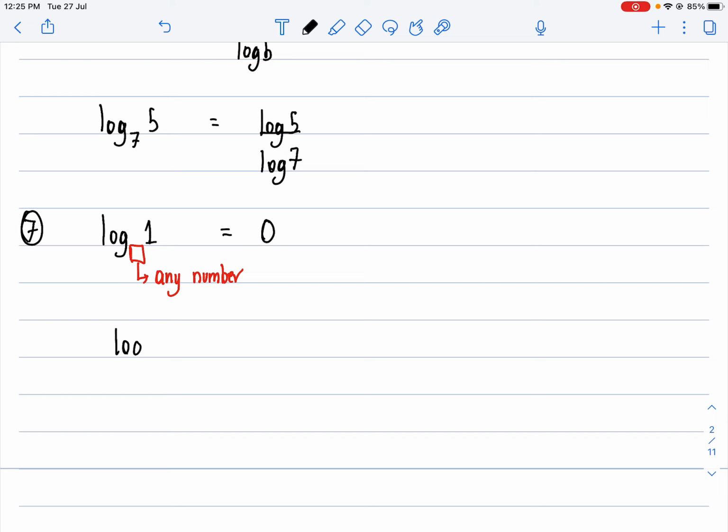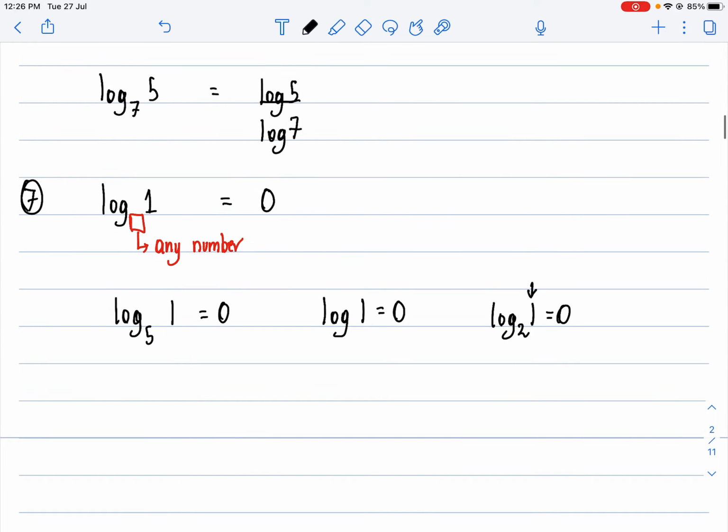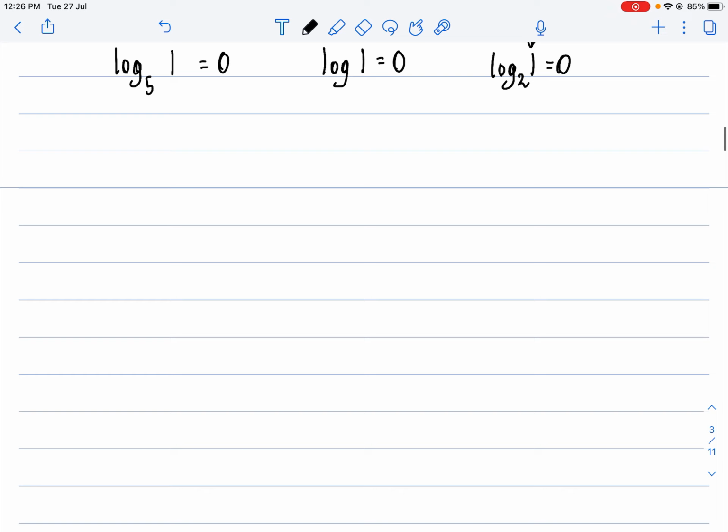Basically, let's say I have log of 1 with the base 5, it's 0. If I have only log 1, that means if the base is not specified, it's 10. Then also I have 0. If I have, let's say, log 1 with the base 2, it's 0 again. Because when there's the 1, the answer is basically 0. Okay, got it?